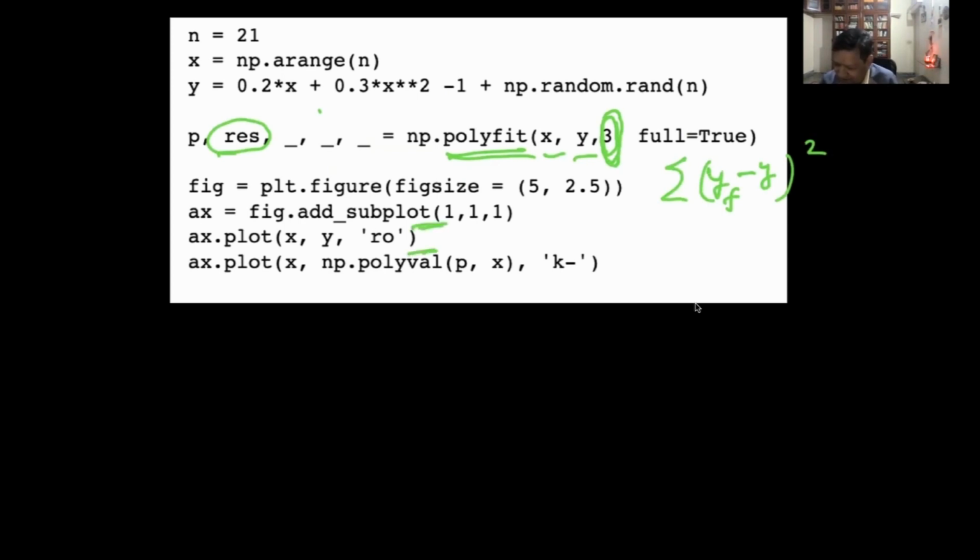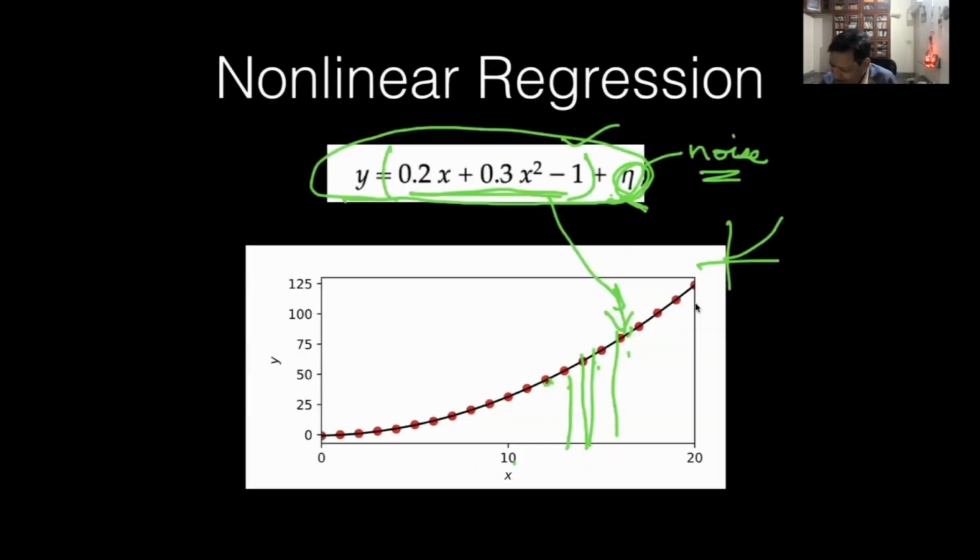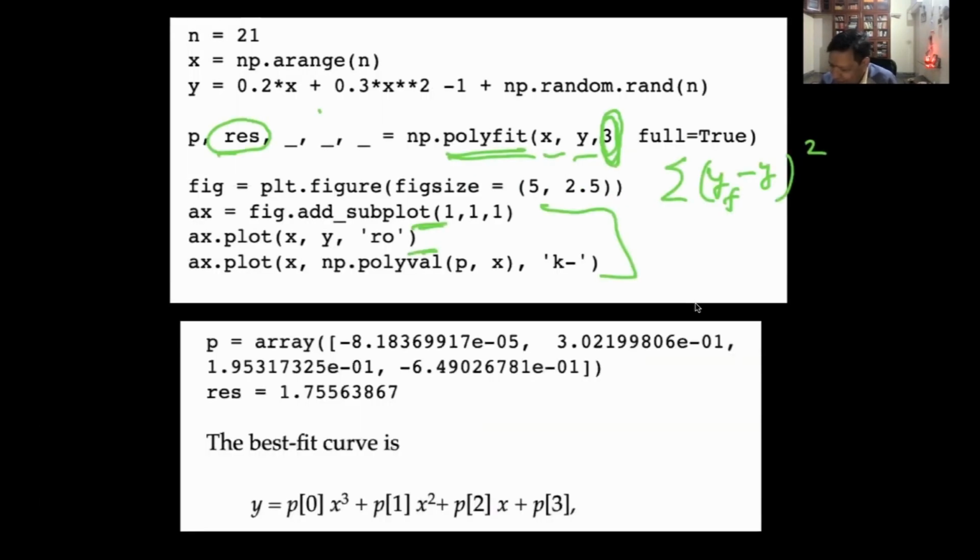This is the plot which I showed you in the previous slide. This black line is a plot constructed using polyfit. And with polyfit, the coefficients are not exactly 0.2 and so on. So let's see.